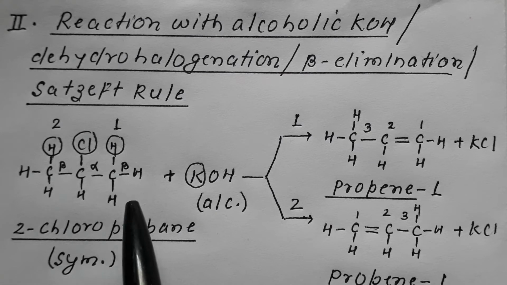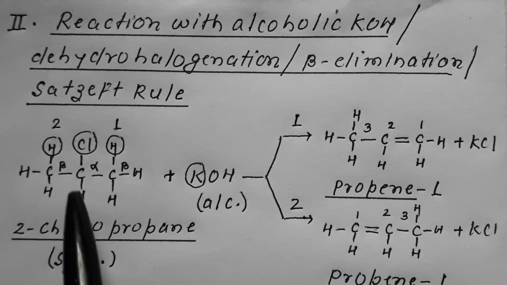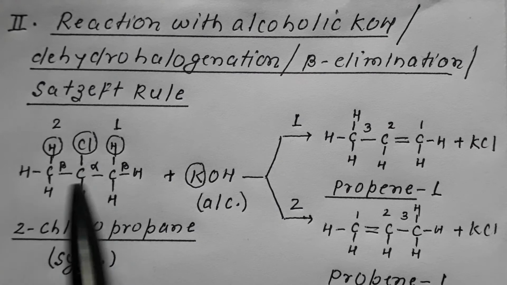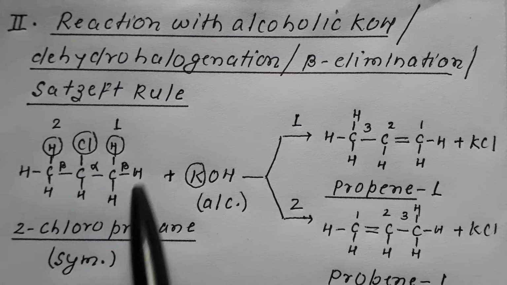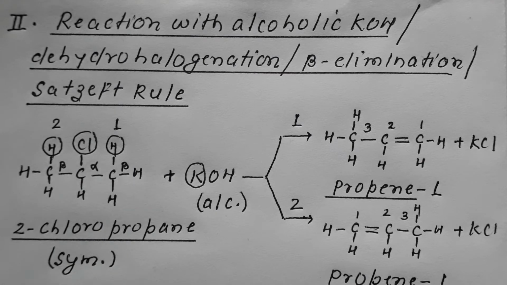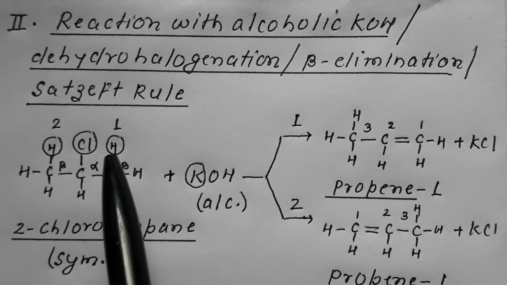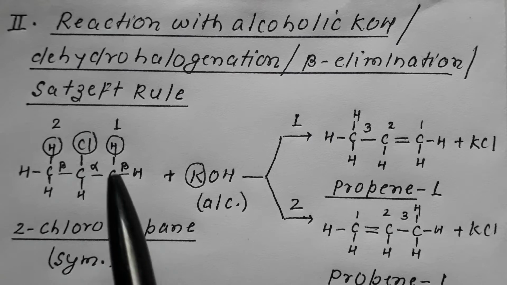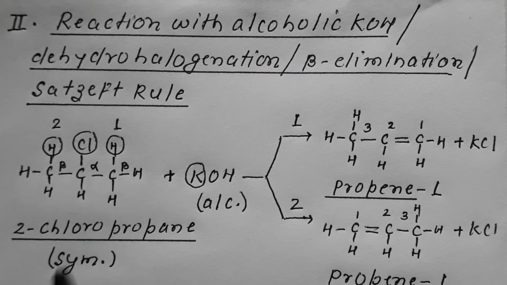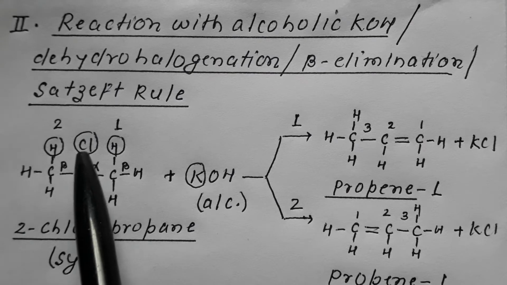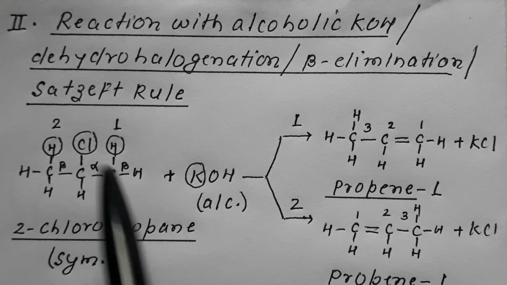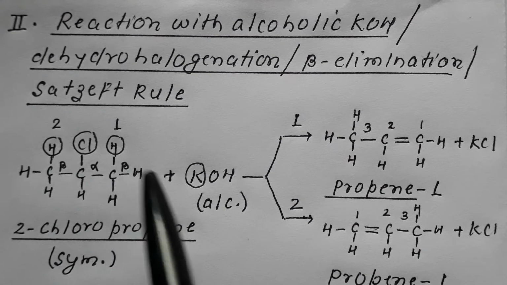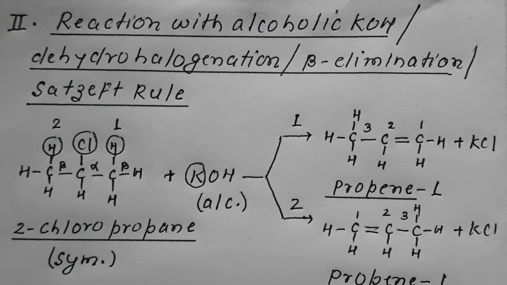Now in this molecule there are 2 beta carbons. This is alpha carbon, these 2 are beta carbons, and these are the beta hydrogens. So which beta hydrogen will eliminate? Suppose this is hydrogen number 1 and this is hydrogen number 2. Cl and K go in the form of KCl, and this H and this OH go in the form of a water molecule.